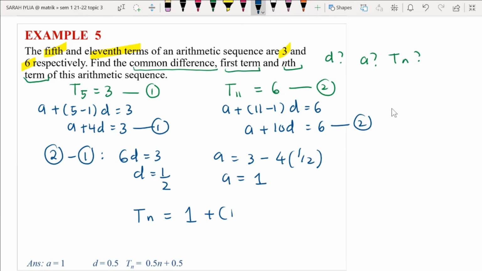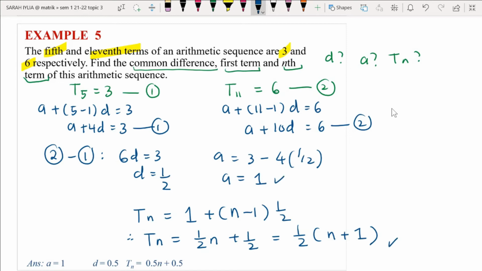N tu memang kita nak. So, tulis je semula n minus 1 D. Okay, jangan tinggal macam ni. Simplifykanlah jawapan awak. So, the n term equal to half n plus half. Ataupun awak nak factorize half tu boleh. So, half times with n plus 1. Siap.